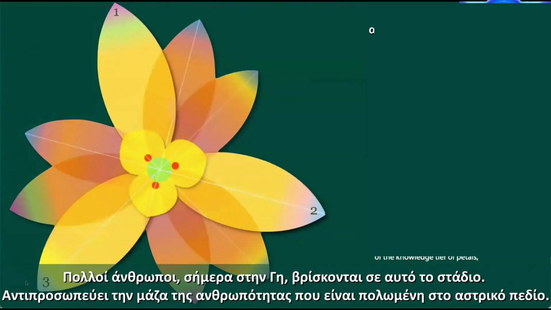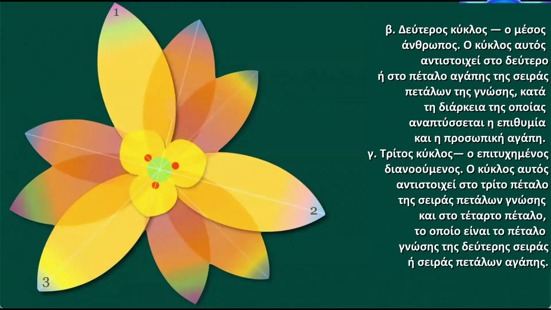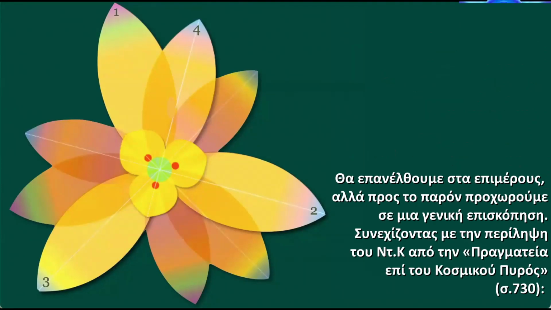The third cycle, intellectual, successful man. This correlates with the third petal of the knowledge tier of petals and with the fourth petal, which is the knowledge petal of the second or love tier of petals. So we get back to each of these, but for now we're just doing a quick survey.